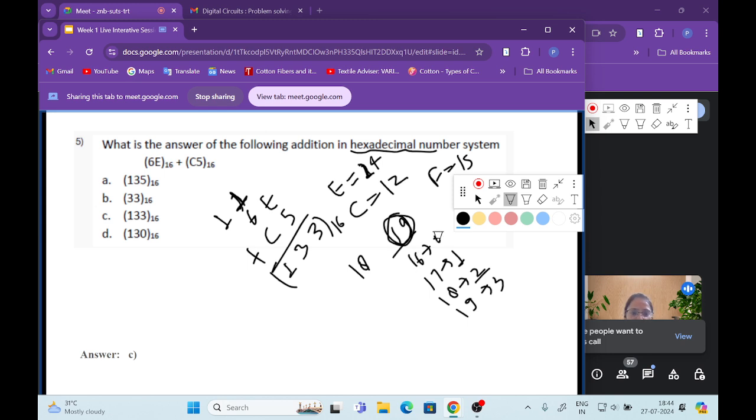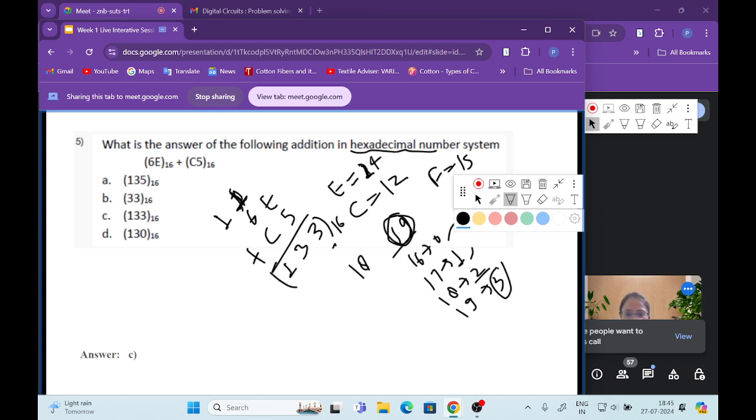For 16 we take 0, for 17 you take 1, 18 is 2, 19 is 3. So for 19 it is 3, and as we are going above 15, 1 carry is there.